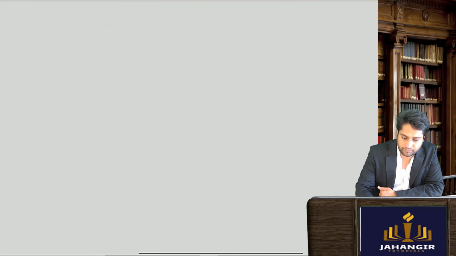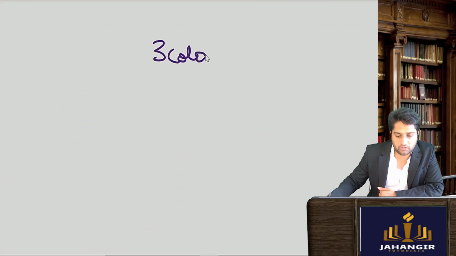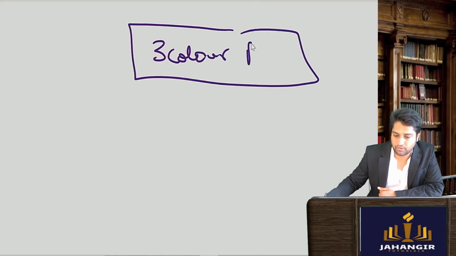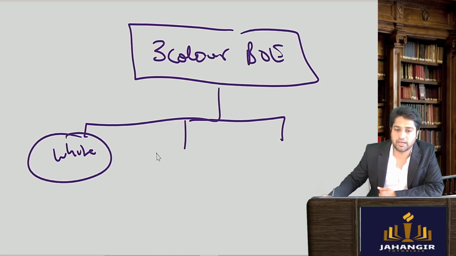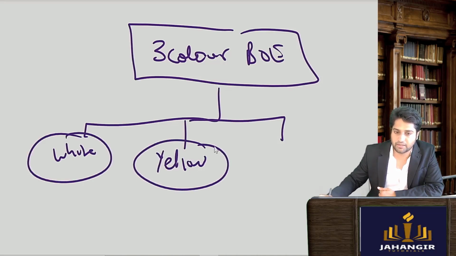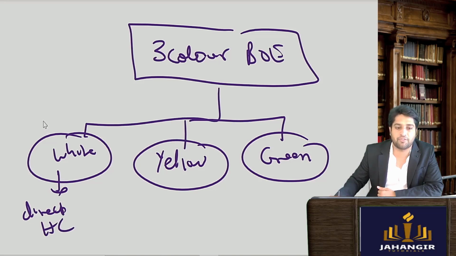So let's simplify it again. Three colors of bill of entry: one is white, one is yellow, and the other one is green. So when I am going directly for home consumption, I will file a white color bill of entry.